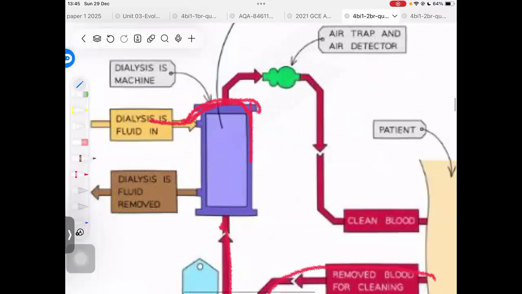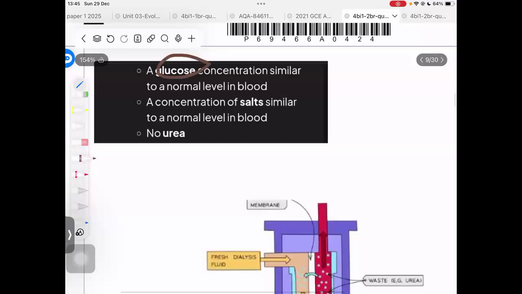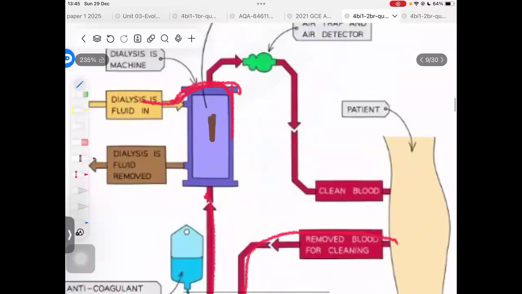This dialysis fluid has normal glucose concentration, just like the blood solution coming from inside. When you have normal glucose concentration, there won't be net diffusion of glucose molecules, because the reason we do dialysis is not to remove glucose.